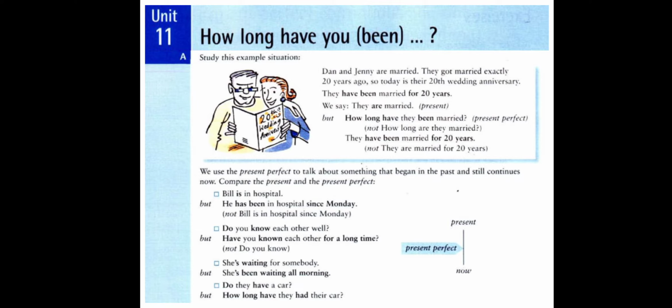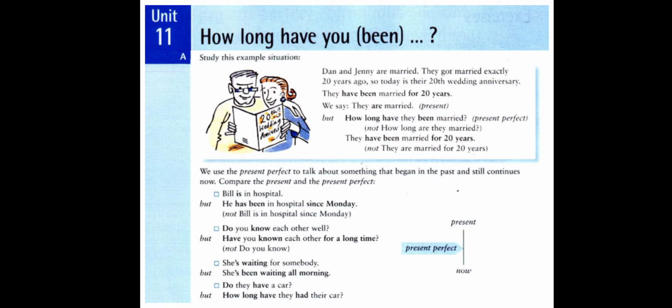But if we say for 20 years, we say they have been married for 20 years. We use a present perfect in the passive form. So we say, how long have they been married? This is a present perfect in the passive form.